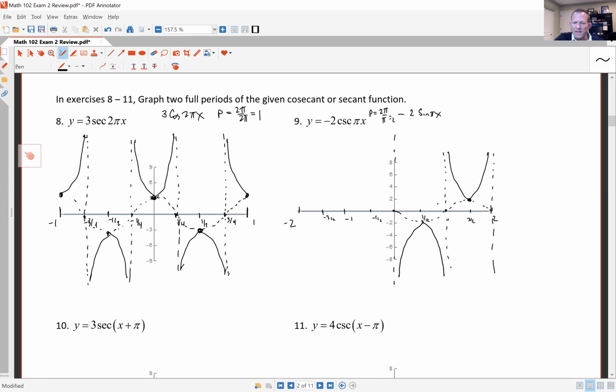So sometimes, rather than dash the whole thing, I would just put my necessary points on there. This one got a little bit too far away. Should be at -2. And so I know this is where my asymptote is, and then this is where my graph starts.